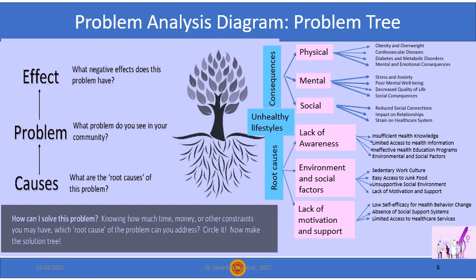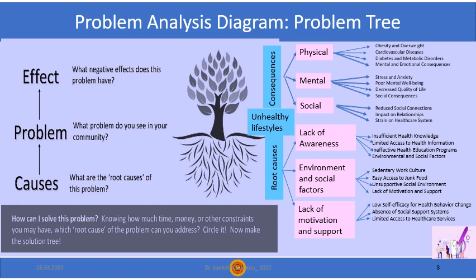That is, if you are going back to our example, it's the unhealthy lifestyles. So in this case, as you can see, the root causes can be given under lack of awareness and environmental and social factors, or lack of motivation and support, or any other roots that you can think of, right?